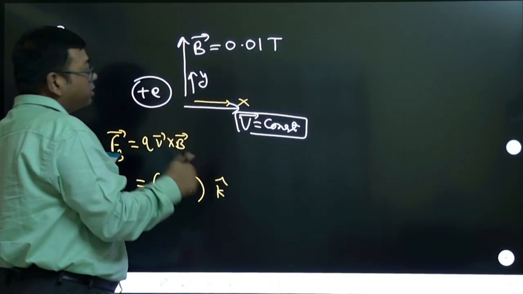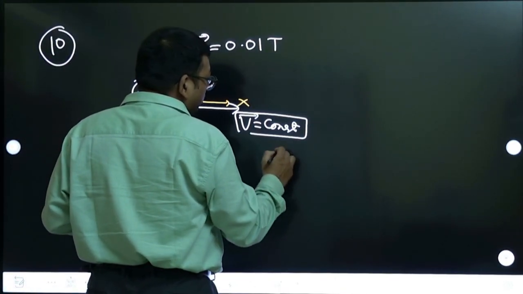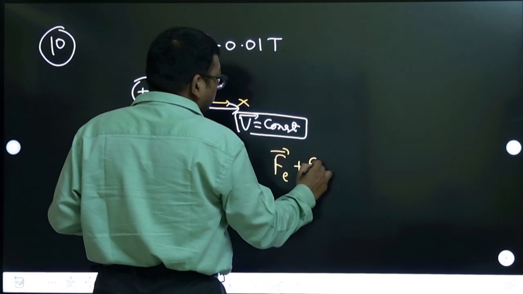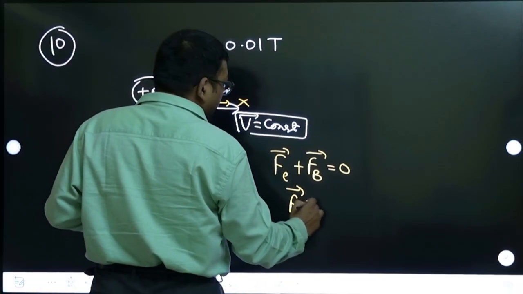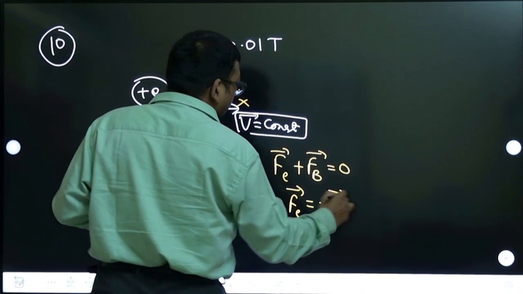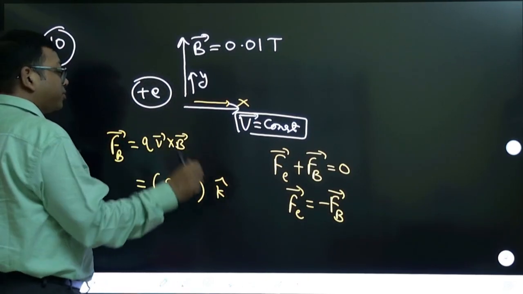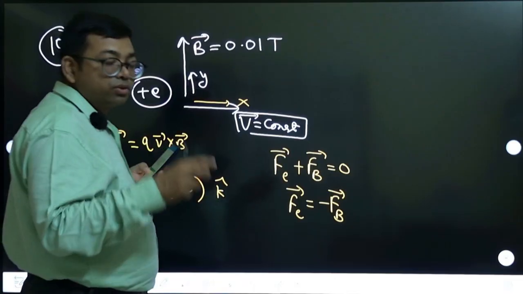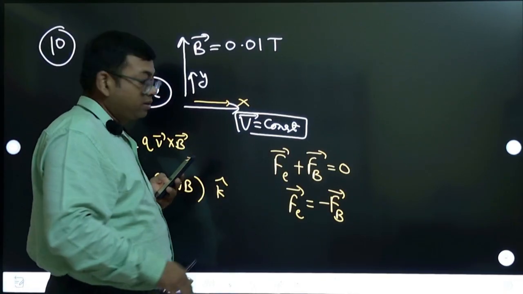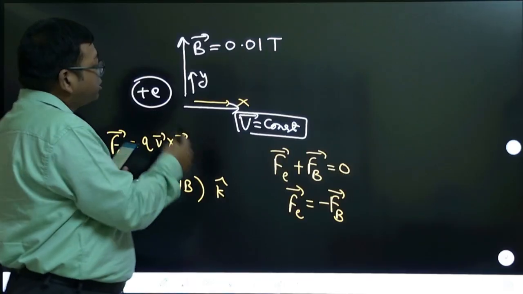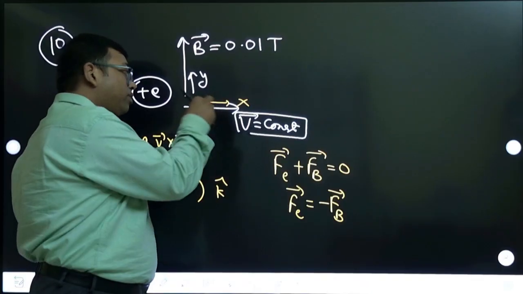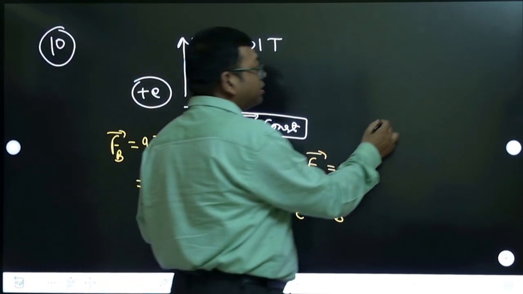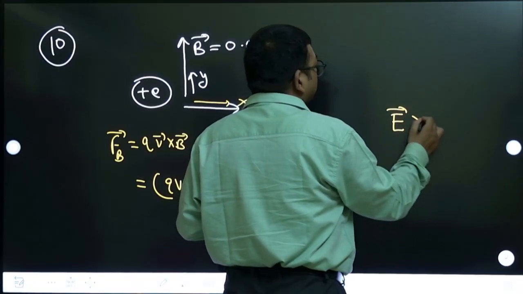So electric force and magnetic force must sum to zero. So electric force must be opposite of magnetic force. Magnetic force is in k cap, so it must be minus k cap. Because the charge is positive, electric field and electric force direction are the same. So the electric field must be inside.